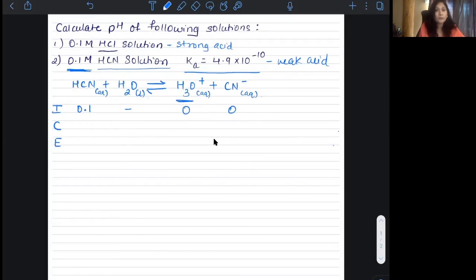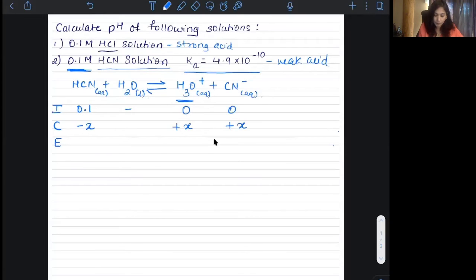Therefore, the HCN, which is a reactant, its concentration is going to go down. I can just put it as negative X, going down. Here, the hydronium ion concentration and the CN minus concentration are going to go up since products are being formed. Therefore, I'm going to put it as plus X and plus X in this case.